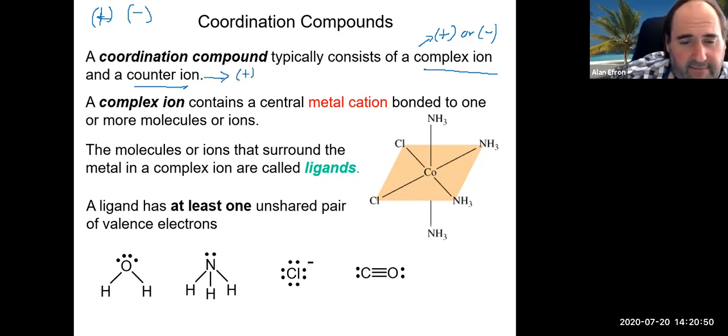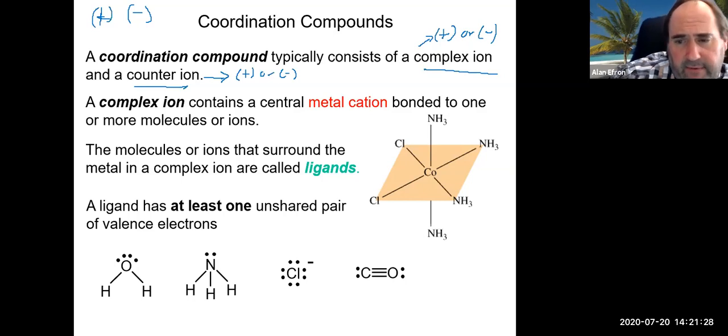If you have a positive complex ion, your counter ion will be negative to balance out the charge, and if you have a negative complex ion, your counter ion will be positive. It's just like a traditional ionic compound, like you talked about when you did regular nomenclature. Whenever you put something positive and something negative together to make a coordination compound, the charge should equal 0 overall.